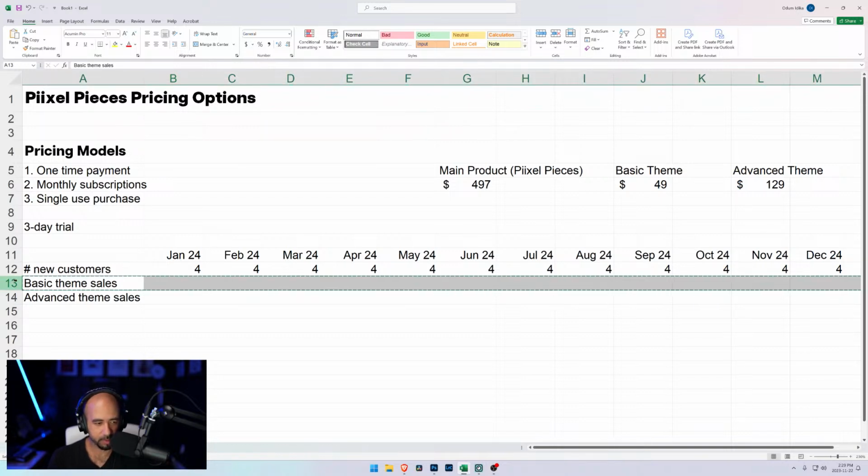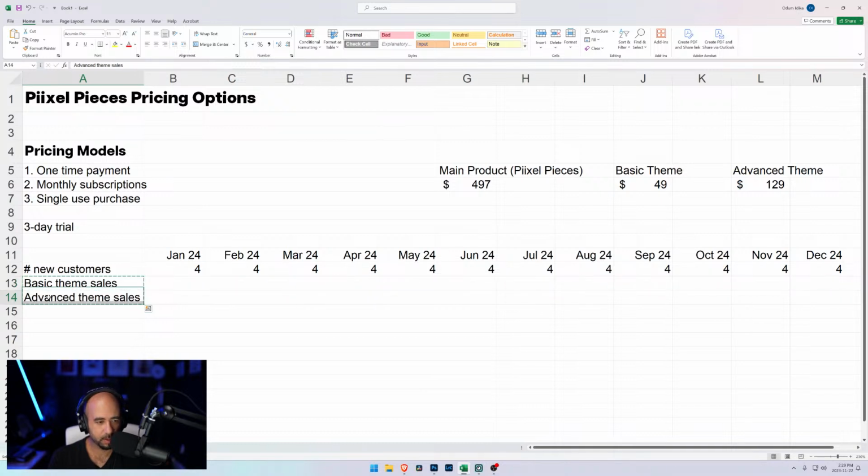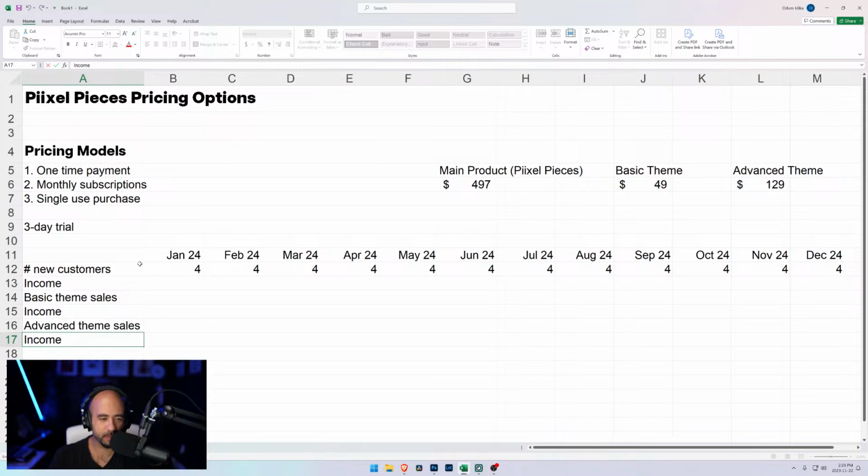And then I guess what we can do, let's actually, and so here, like income, I guess, from each of these sources.